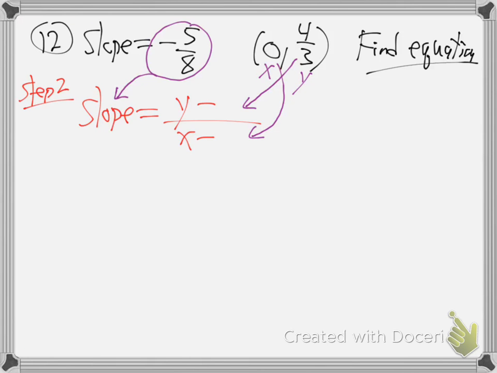And so what do we get? The slope is minus 5/8. And remember we always put negatives on the top? Yes. So I put that negative on the top. And then, what am I going to put in the back?